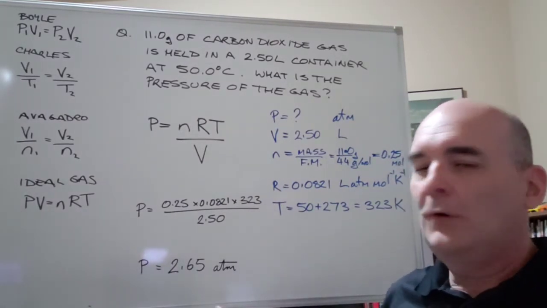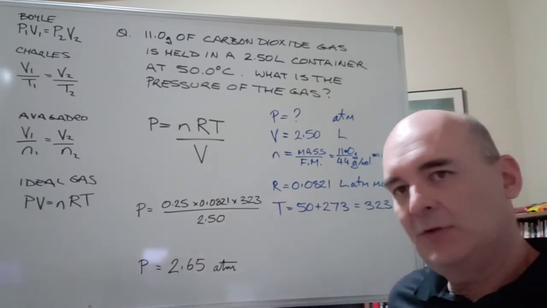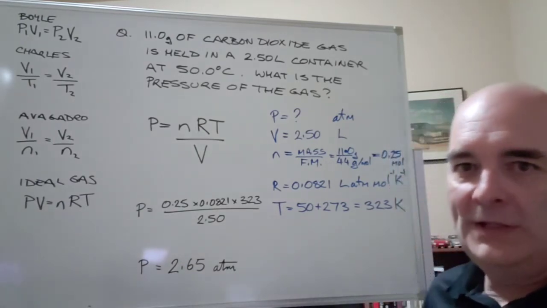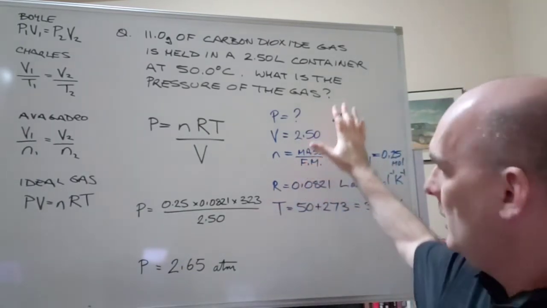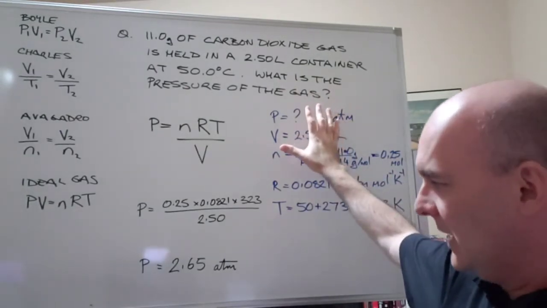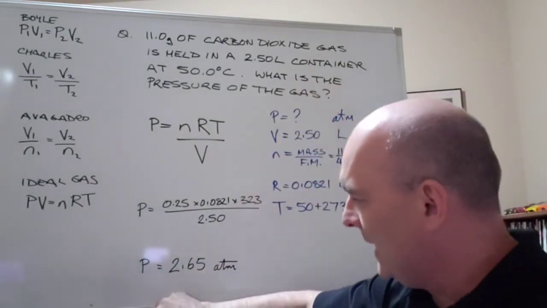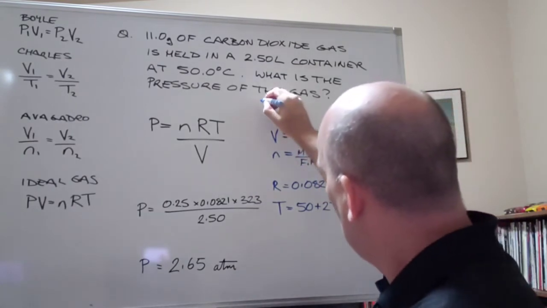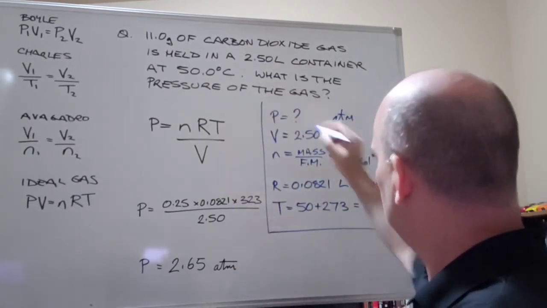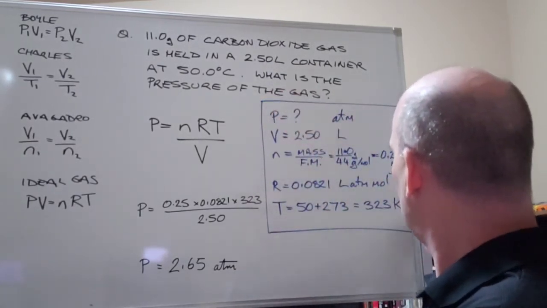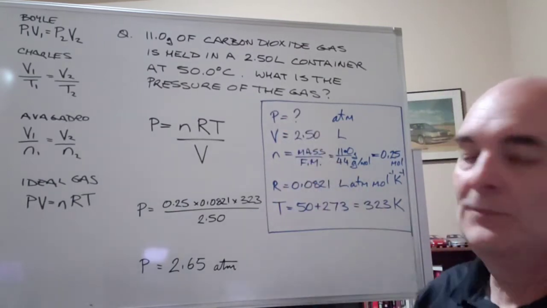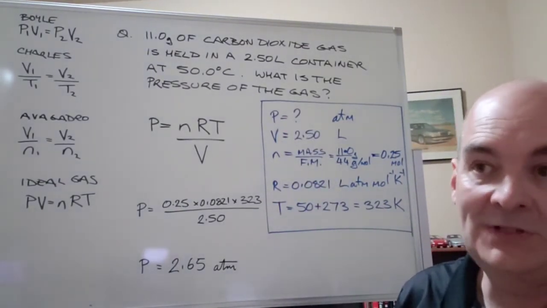And then before I put any numbers into this equation, I always make a table off to the side of this calculation. And that table contains all of the variables and constants. Okay, PV equals nRT. I'm going to put everything in this table.